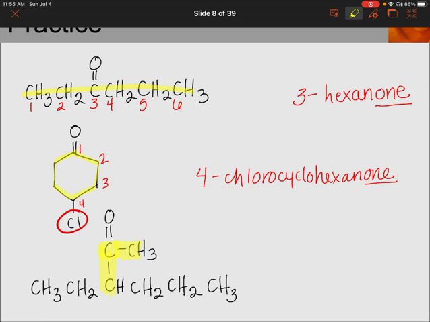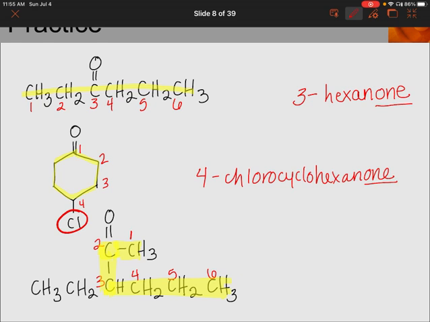Do we go to the left or to the right? To the right, because there's more carbons on that side. Okay, so now let's number this so that the carbonyl group has the lowest number possible. So I'm going to start numbering at the methyl group so that the carbonyl group is at position 2. And then we'll just keep going.